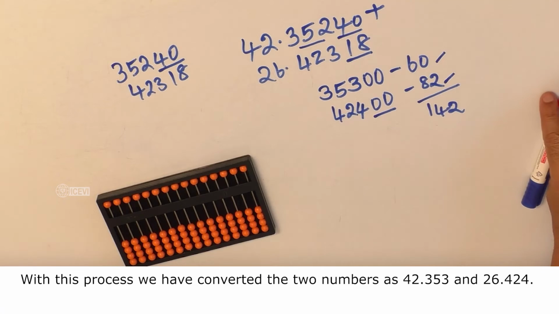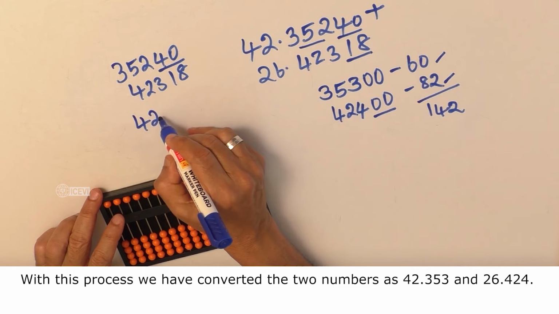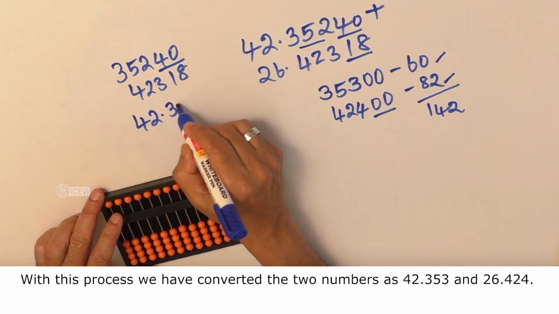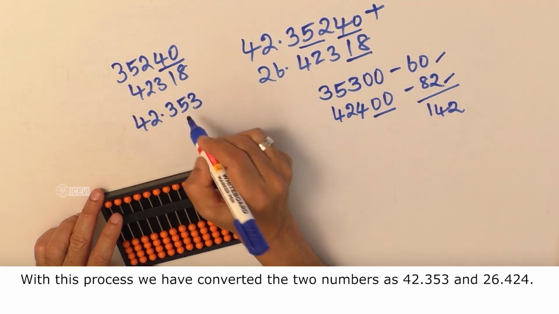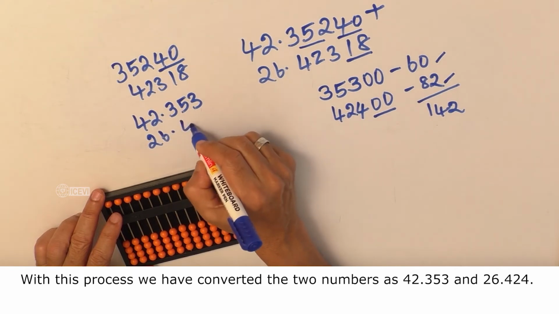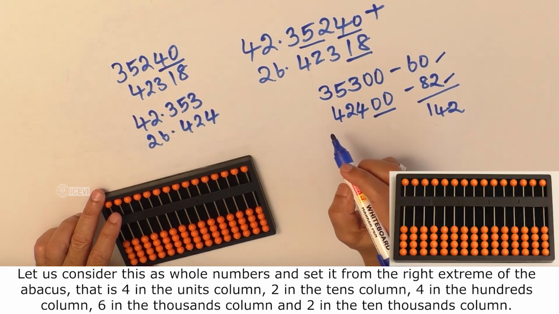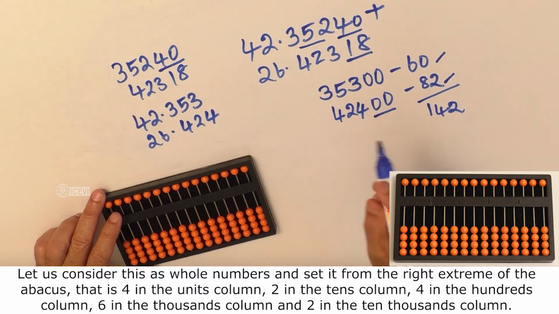With this process, we have converted the 2 numbers as 42.353 and 26.424. Let us consider this as whole numbers and set it from the right extreme of the abacus.